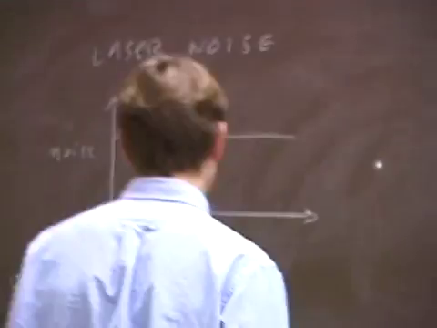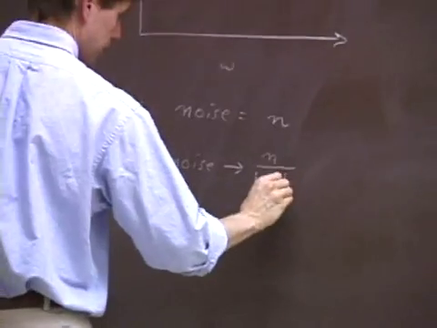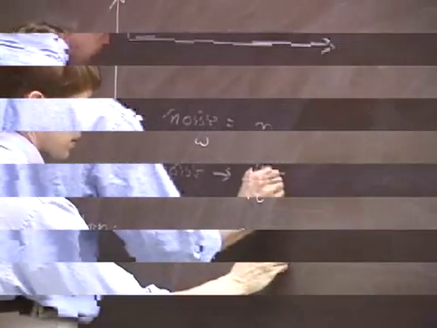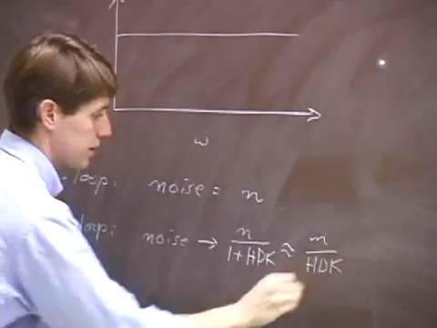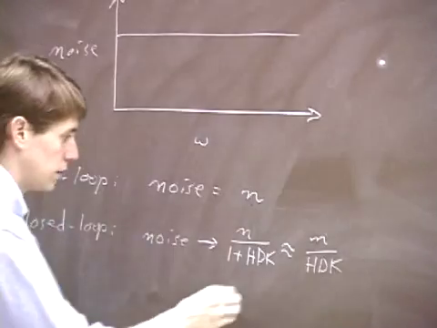HDK. And so this is approximately N over HDK when the total loop gain is very large.